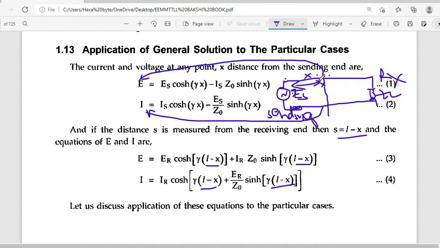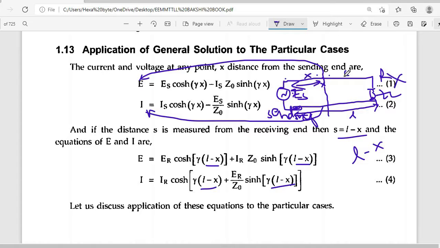Total length is L, x is removed, and the remaining is S. You are understanding the concept here. The transmission line distance is L, x distance we are removing, L minus x.